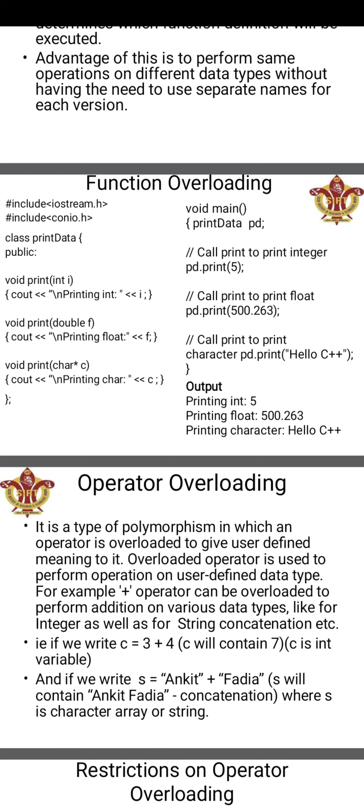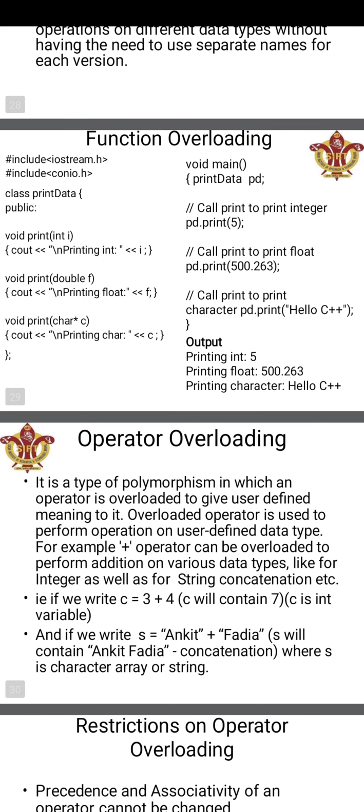All these print functions have been defined in the public section of the print data class, so we can access them using the object, namely PD. So PD dot print, and then we have passed a single argument, that is integer 5. So it will pick the first function from this class and print the integer value.